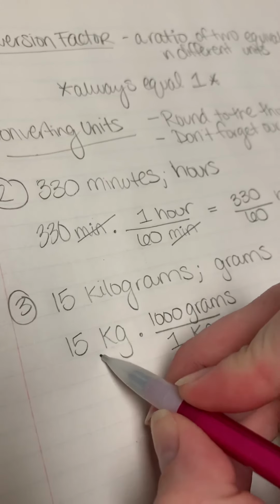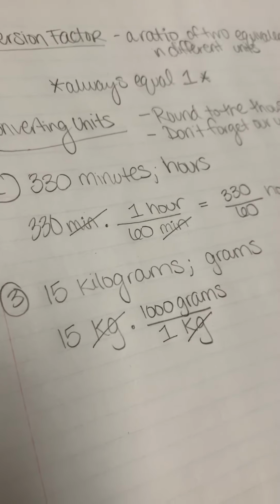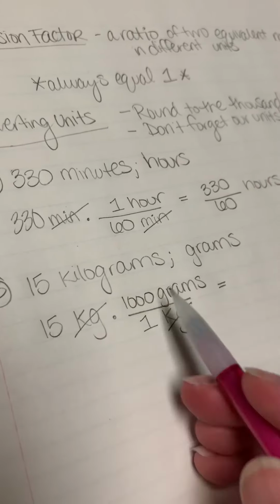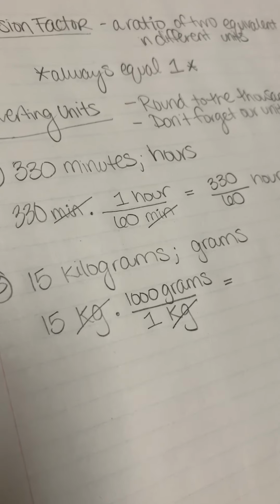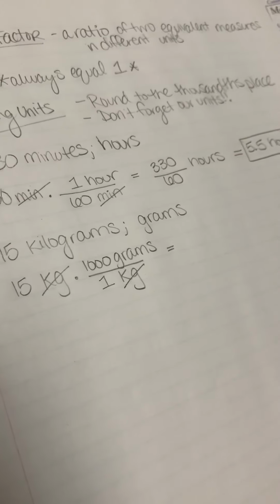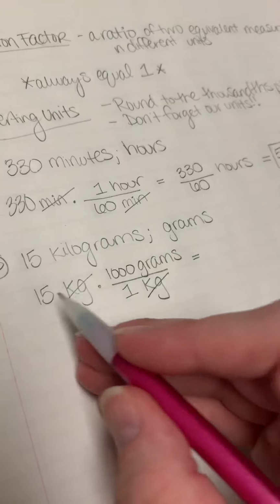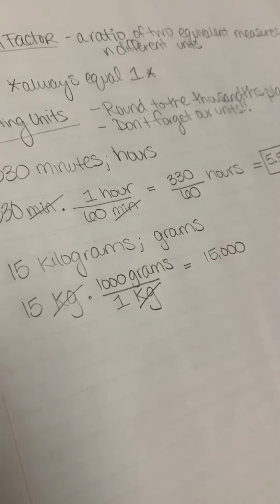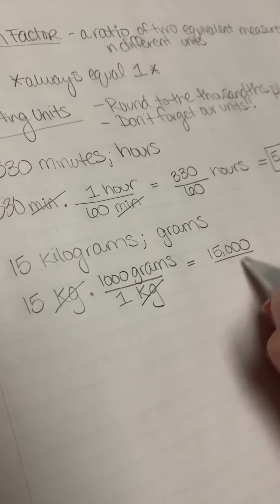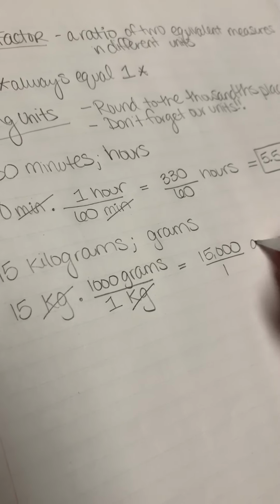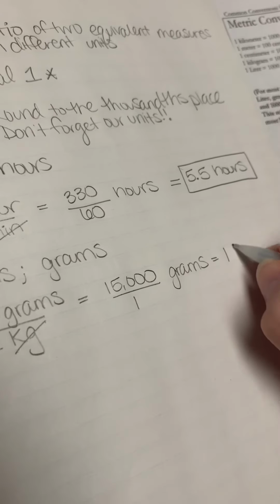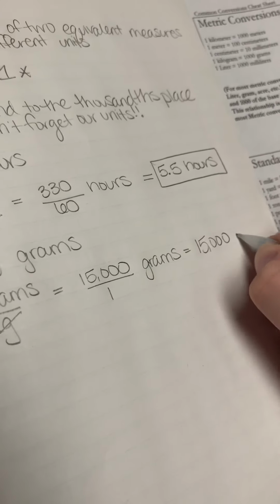So again, my kilograms cancels out and I'm left with this. When I multiply 15 times 1,000, which again, this would be a non-calculator, easy problem, 15 times 1,000 would be 15,000 divided by 1. Well, anything divided by 1 is just the number itself, so the answer would be 15,000 grams.